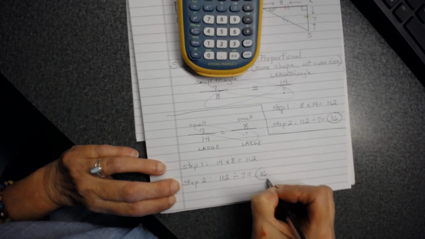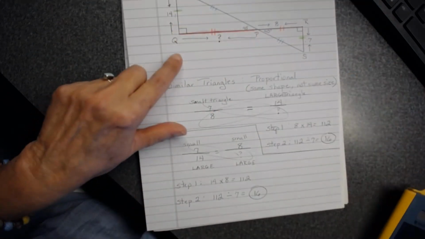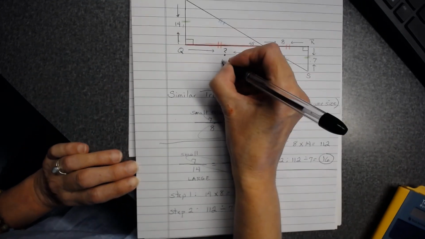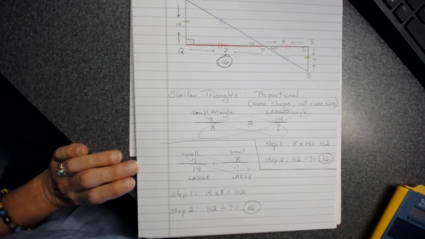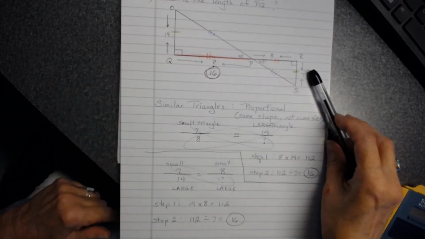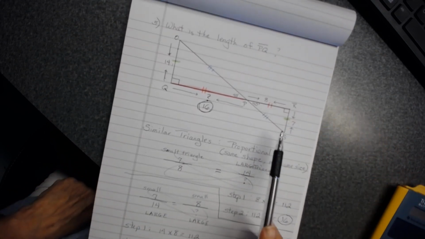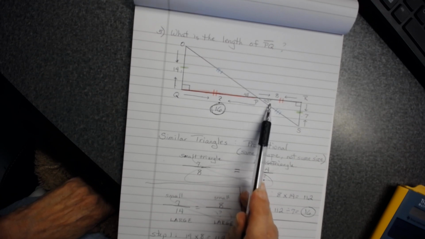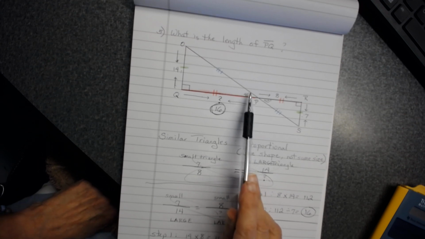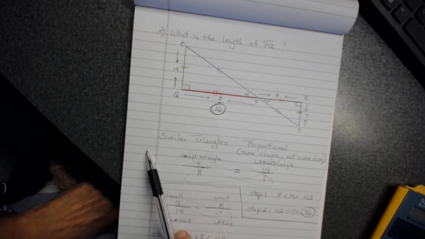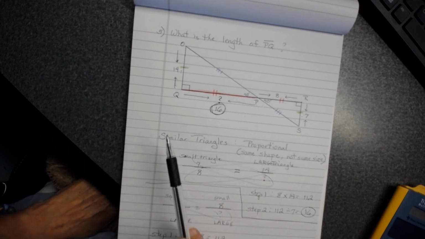And once again, we get our answer that the length of side PQ here is going to be 16. So this triangle is proportional to this triangle.